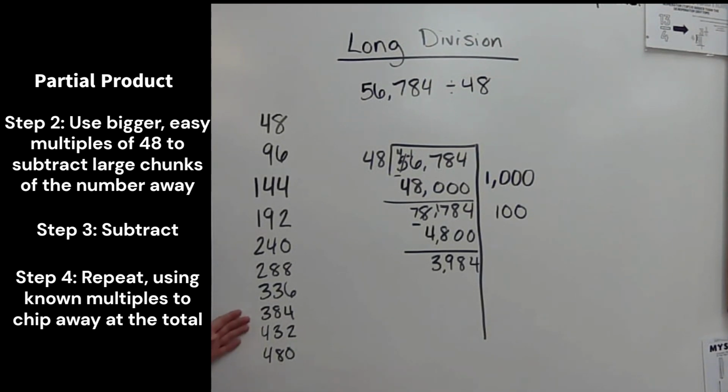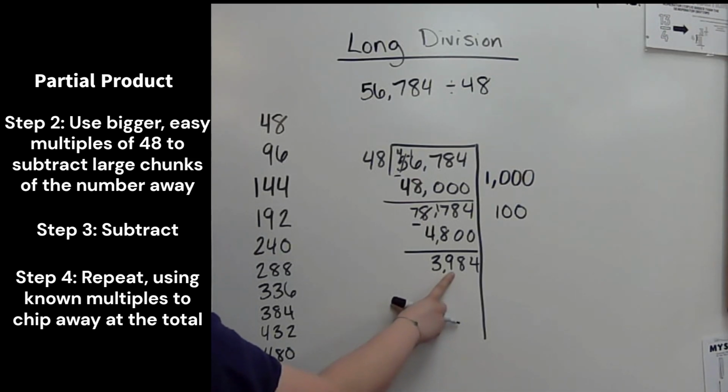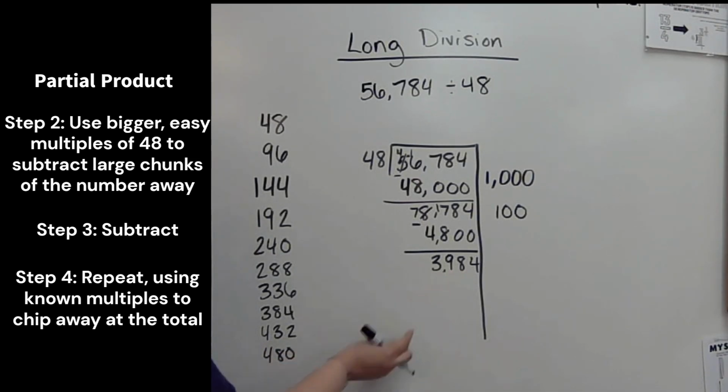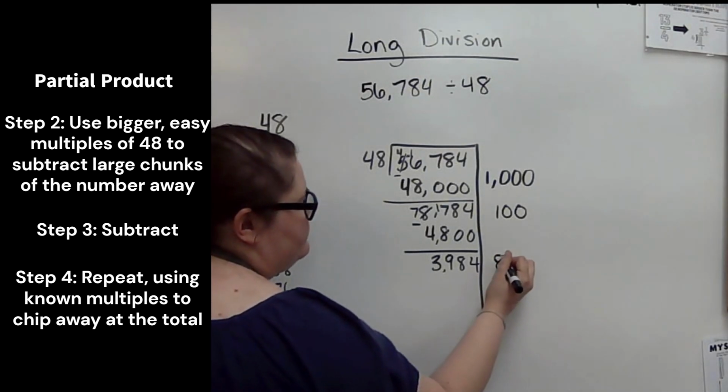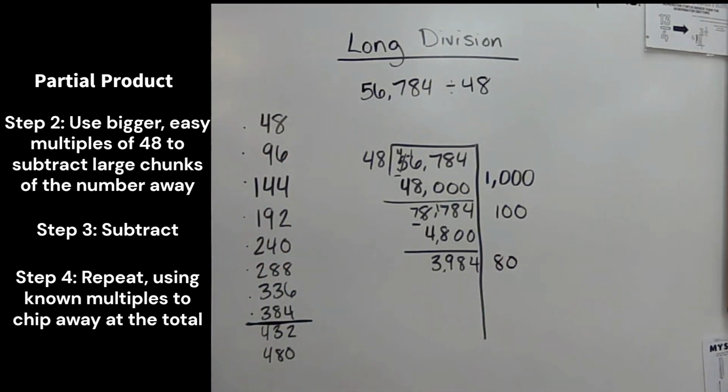Looking at my multiples chart to see what would get me close to 398, because I know I have up to 400s here in my regular multiples list. I know that that would come here. So that's 1, 2, 3, 4, 5, 6, 7, 8. 8 times. Well, if I take that 8 and I stick a 0 on it, now I have 80.